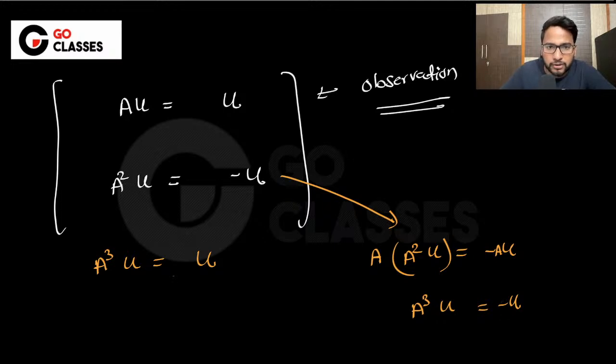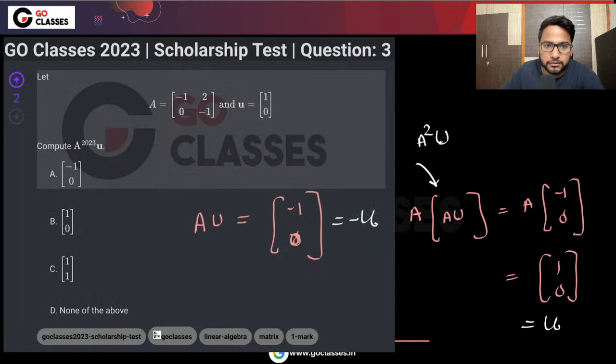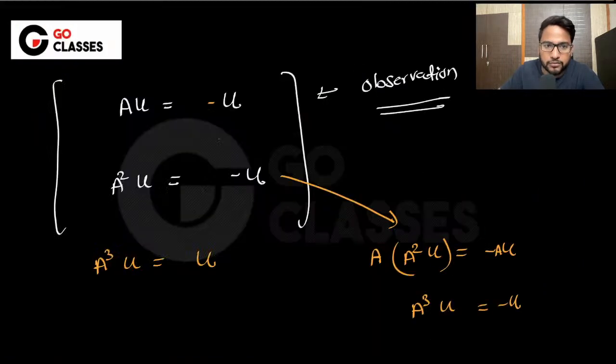AU is minus U, sorry, A square U is plus U, then it will be minus U only. So A cube U is minus U. Why? Because if you multiply this with A, then you will be getting again minus U.